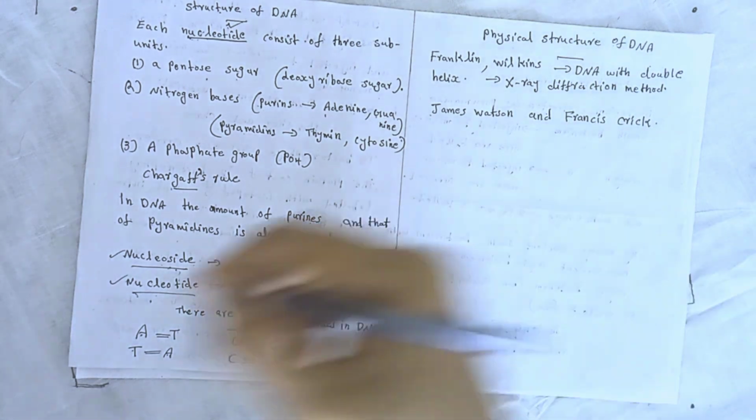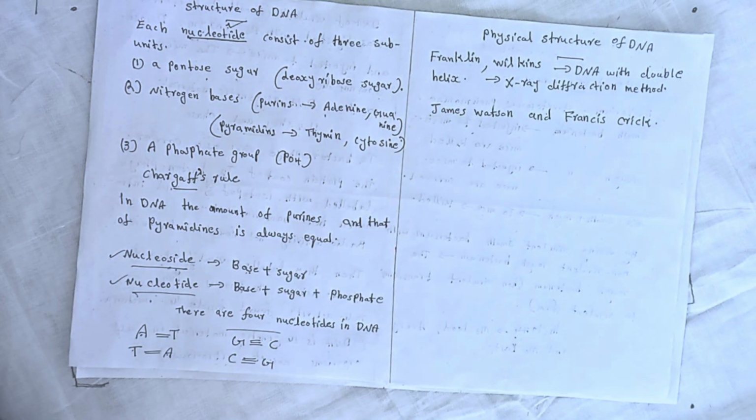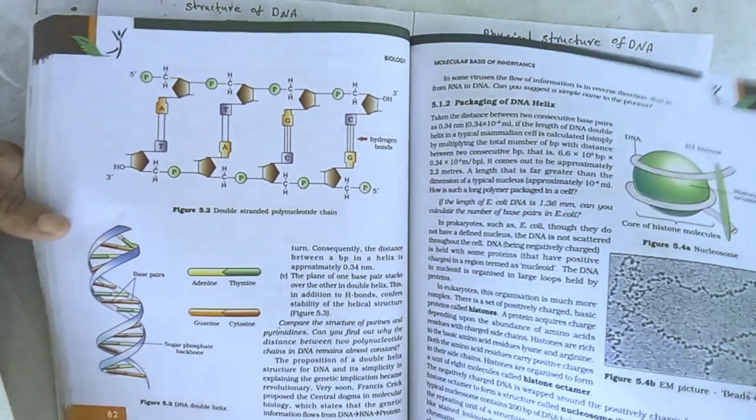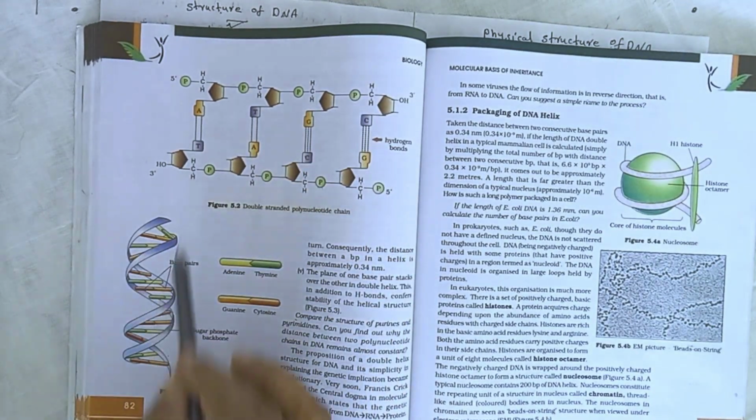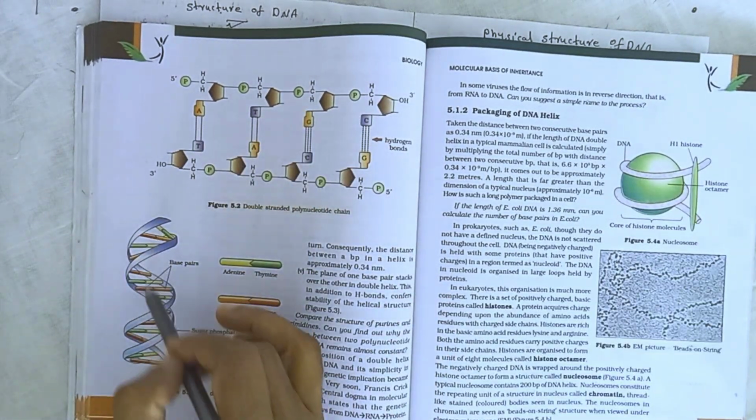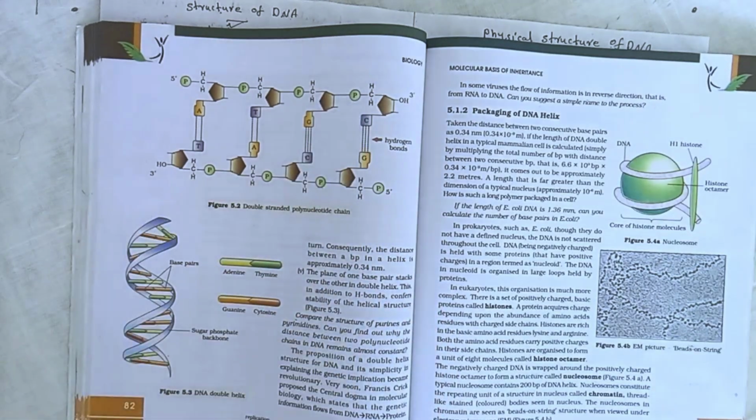This is the Watson and Crick model of the double helical structure of DNA. This is the detailed form.